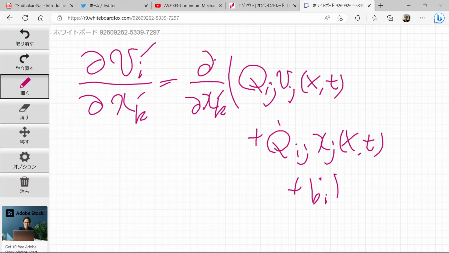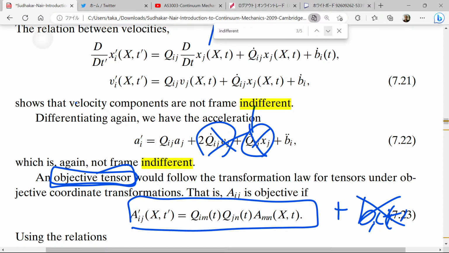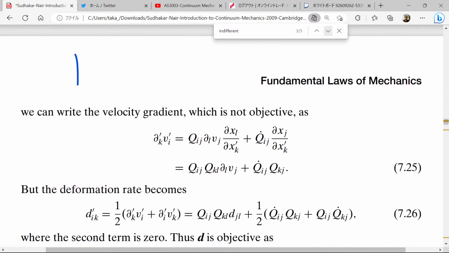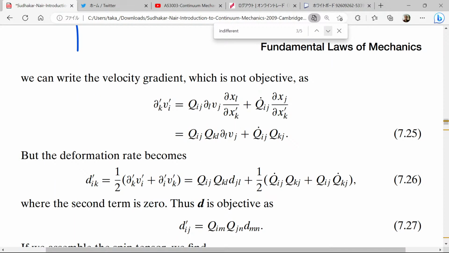Yeah, so then let me see. We want to eliminate partial.